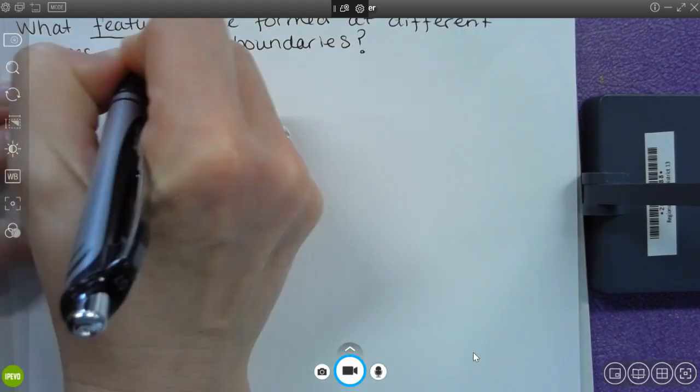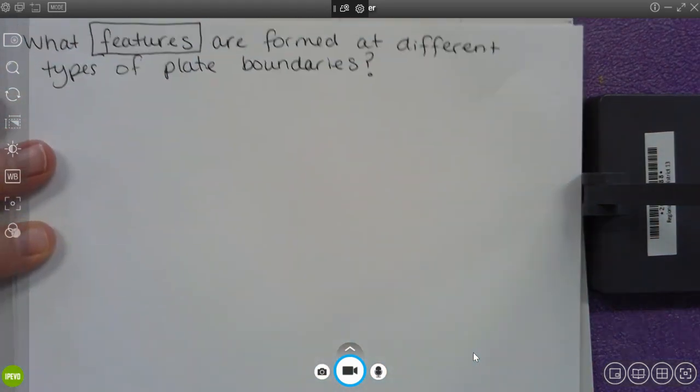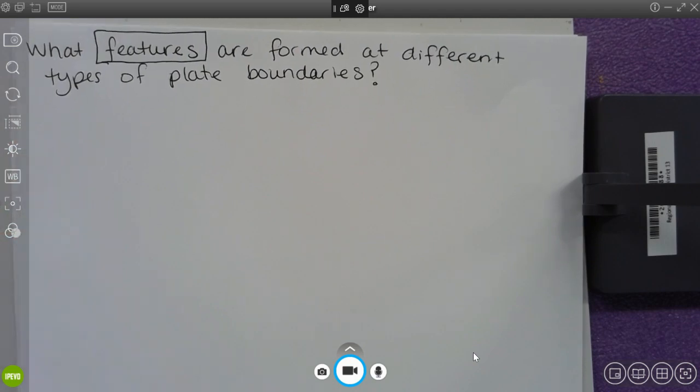I'm going to highlight or put a box around the term features. So, what features are formed at different types of plate boundaries?